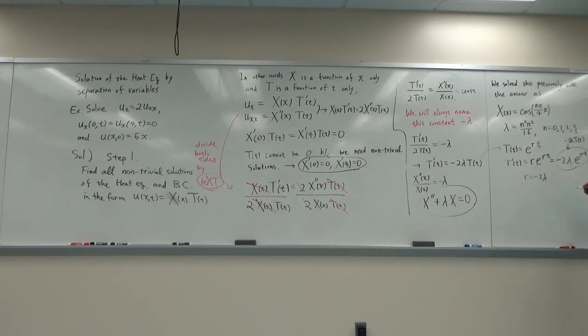Right? And therefore, you put it back in here, we see that T(t) must be e to the negative 2 times lambda, which is n squared pi squared over 16, t.